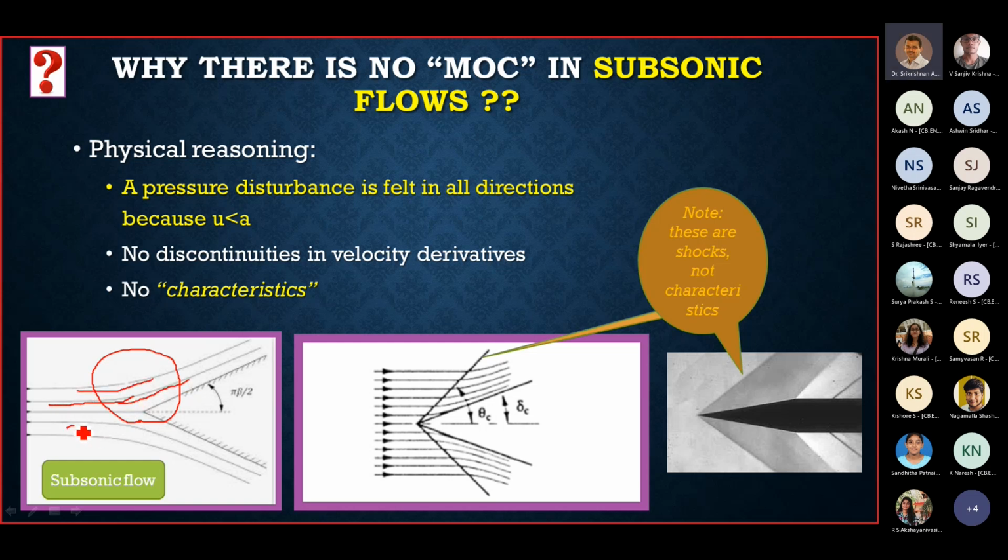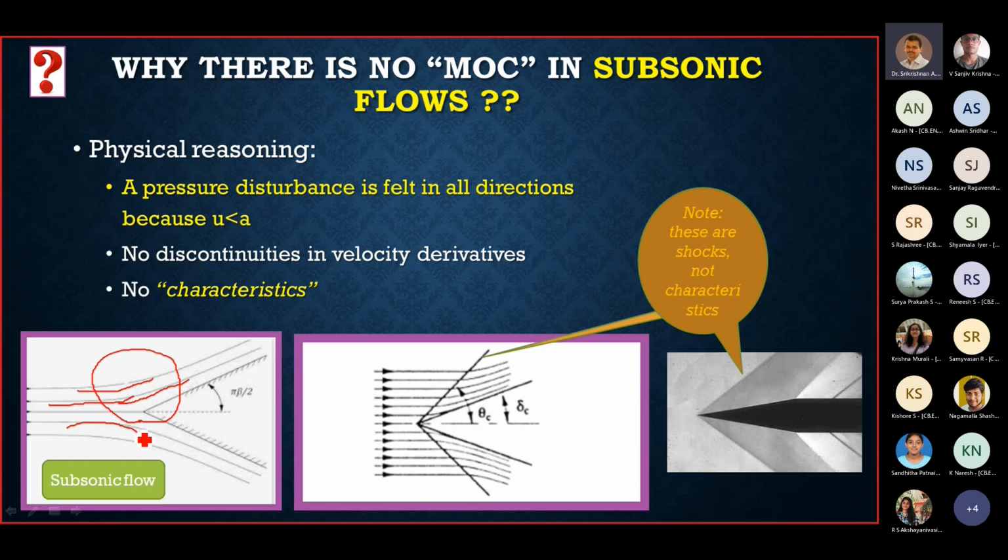This curvature of the streamlines ensures that there won't be such discontinuities in derivatives, and that physical occurrence is reflected in the governing equations by the absence of any lines or directions along which there is an indeterminate value for the velocity derivative.